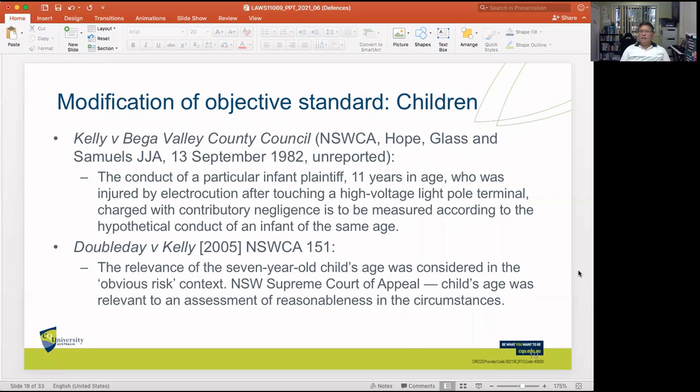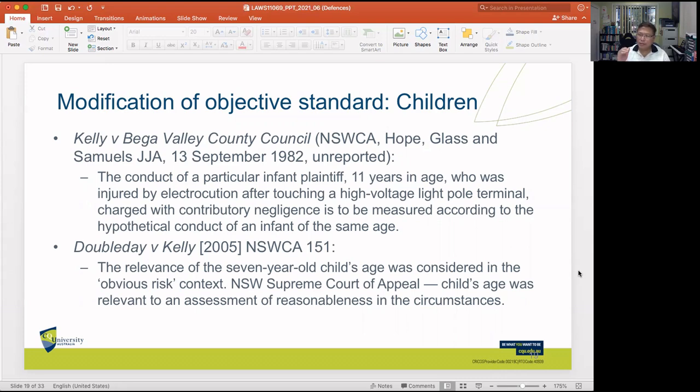Now, one of the questions we then said was that when we talk about objective standards and we pitch it at the level of a hypothetical reasonable person, what then do we do when we're dealing with children? So in the case of Kelly versus Vega Valley County Council, we had an 11-year-old plaintiff, a child, who was injured by electrocution after touching a high voltage light pole terminal.